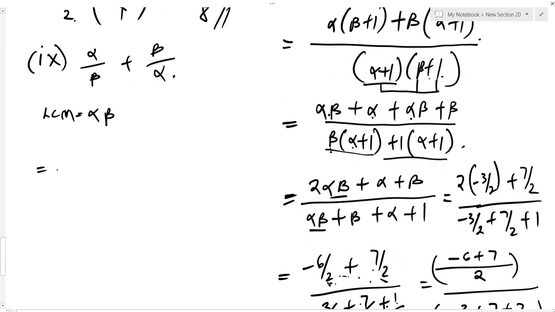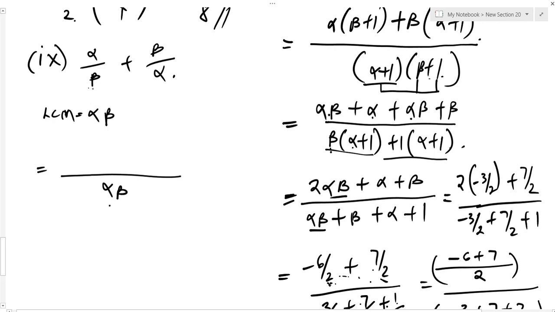Now, to rearrange the fraction again, we divide alpha beta, so what we're going to do now is using beta to divide the LCM.